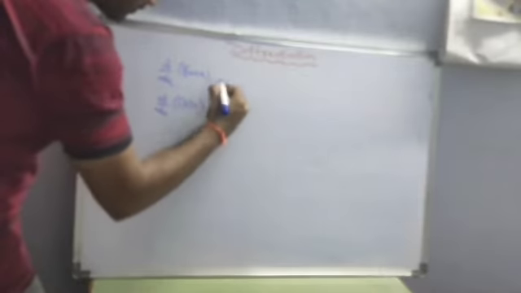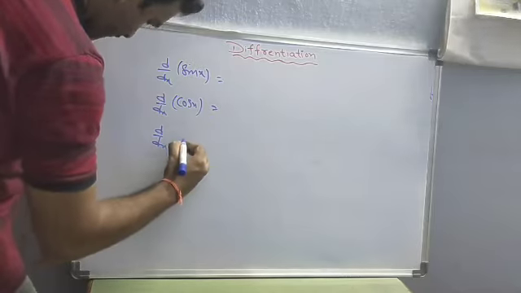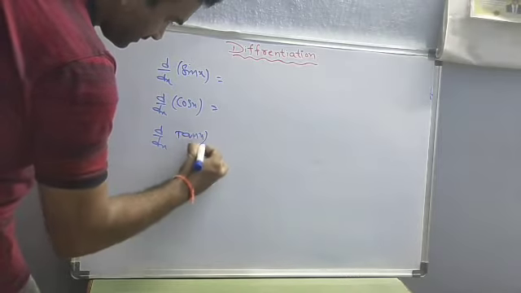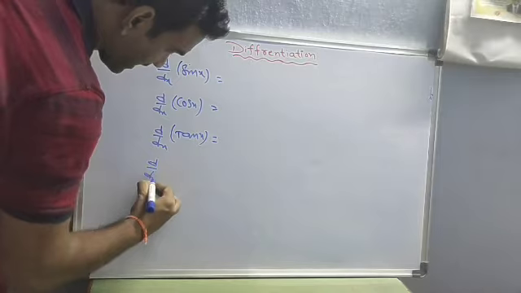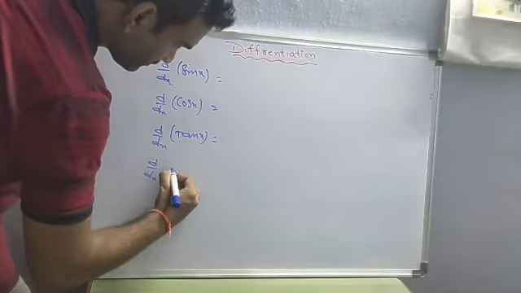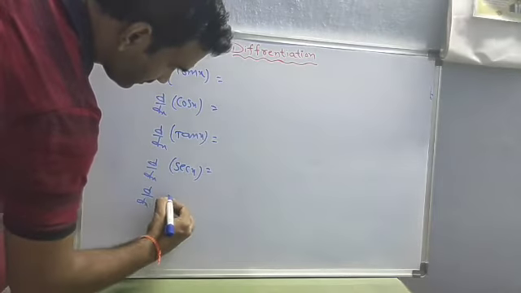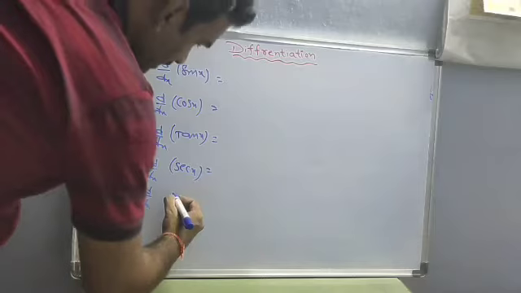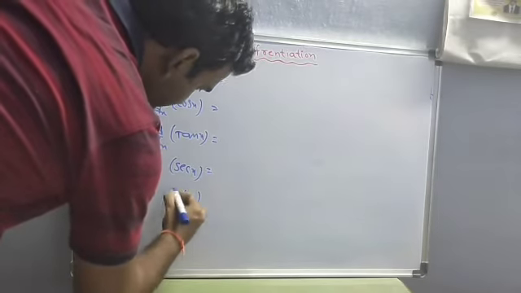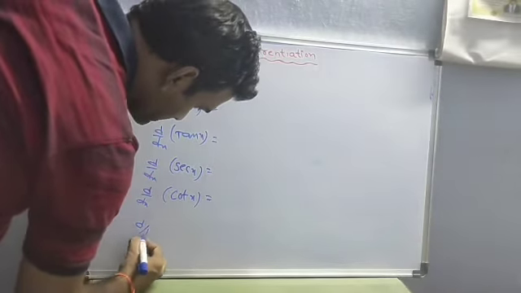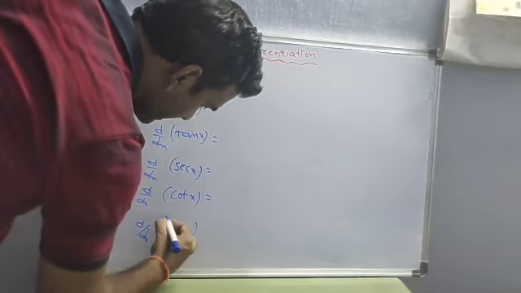So directly I am taking d by dx of sin x, d by dx of cos x, d by dx of tan x, d by dx of secant x, d by dx of cot x, d by dx of cosecant x.